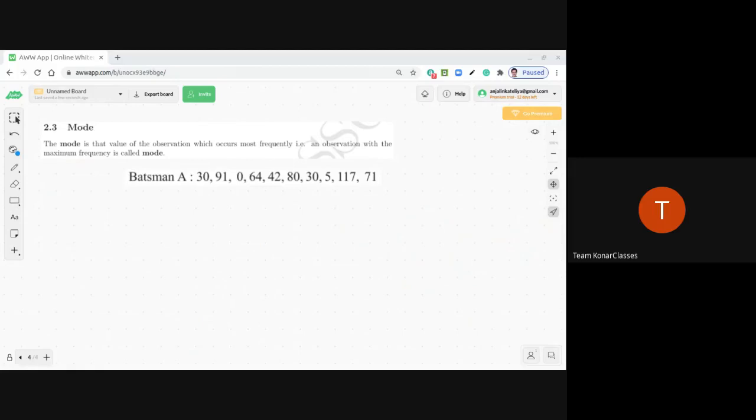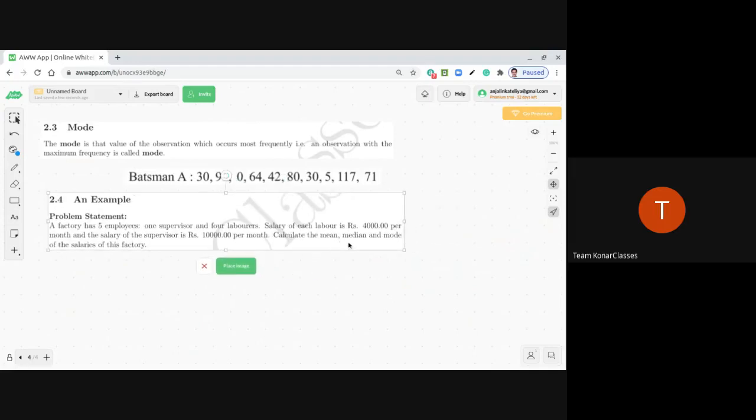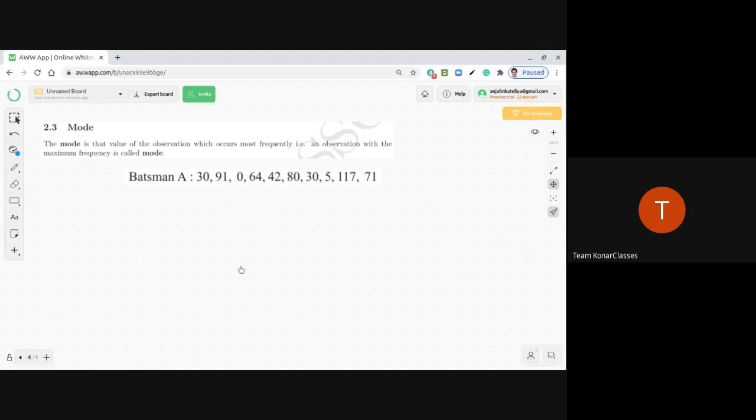Now, dear students, let us solve a very practical example, a very simple example, and I hope you will enjoy solving it. You can take a minute or two to solve this particular question. Here it is, dear students: a factory has 5 employees, 1 supervisor and 4 laborers.